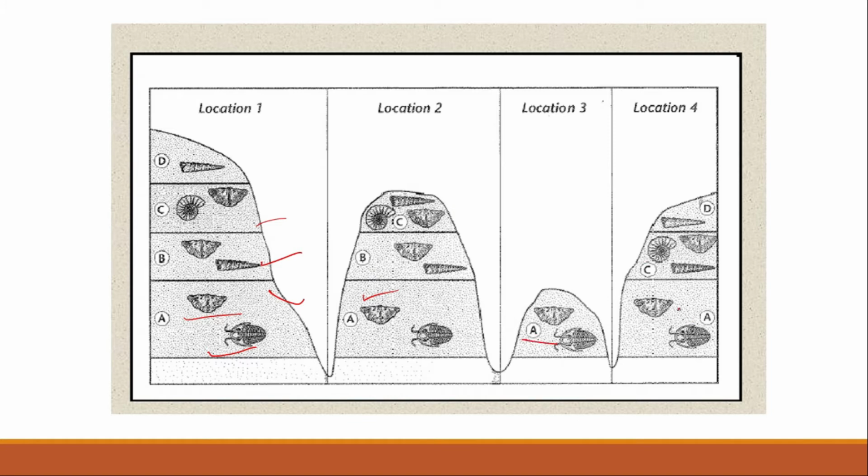In the fourth location we are finding A, C and D. B is missing. So this is what it is saying, that there is a geological column where you'll find different ages of strata in which different fossils existed in different geological times.